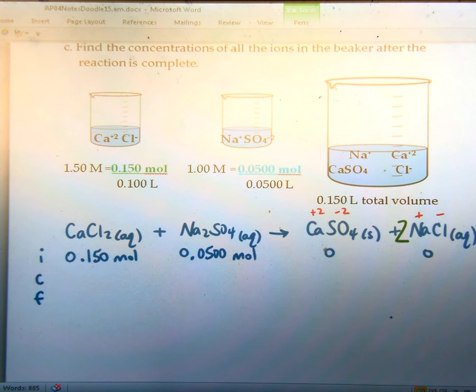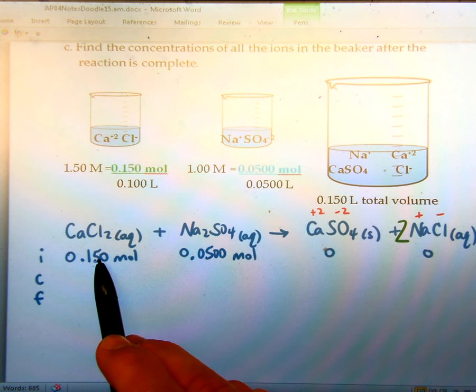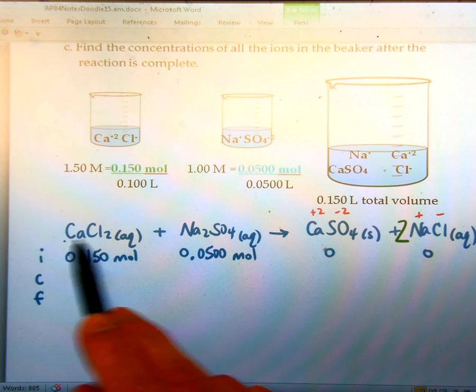Okay, so now what we need to do is figure out which one is the limiting reagent. They both react in a 1-to-1 ratio. So since they're both in a 1-to-1 ratio, you simply need to see which one runs out first in the same ratio. So 0.15 divided by 1 times 1 is 0.15.